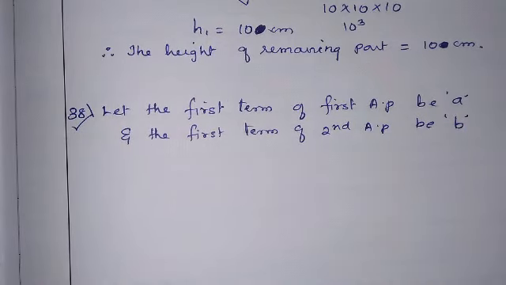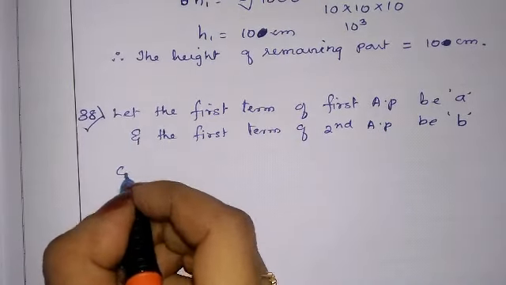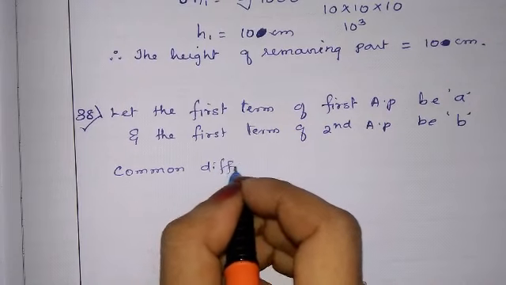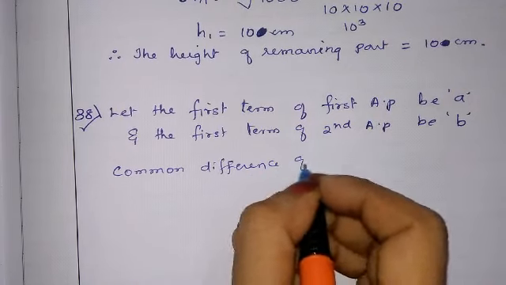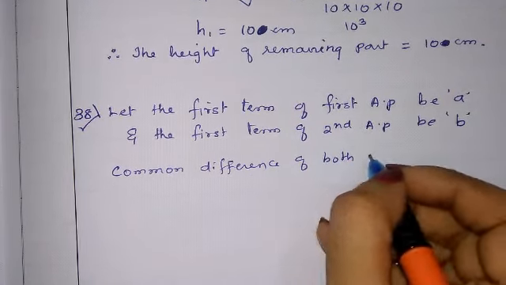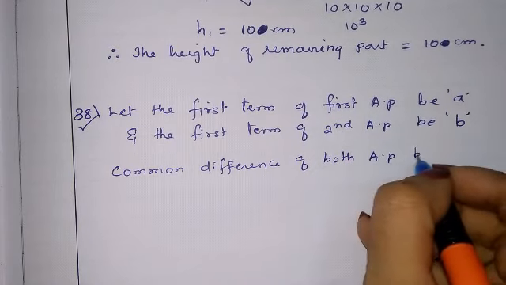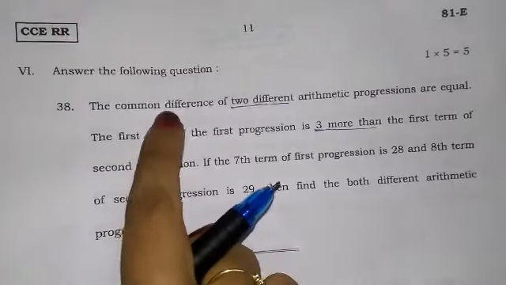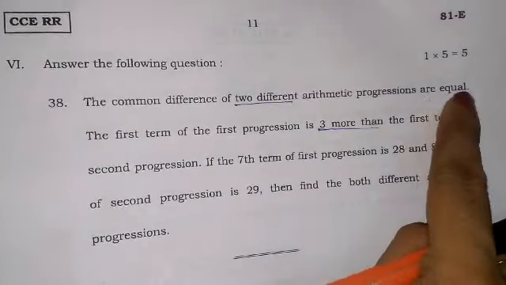Now in the question, the common difference, that is D, is the same for both APs. They have told in the question the common difference of both APs are equal.